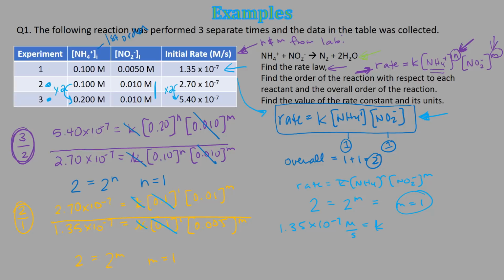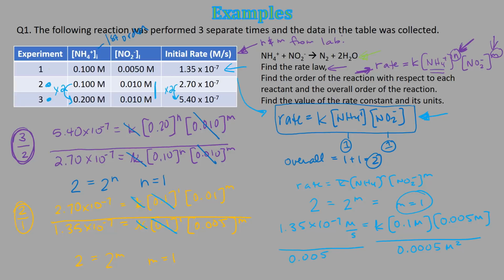K is what I'm looking for, and then NH4 is 0.1 molar, and nitrite is 0.005 molar. And so to find K, I'm going to divide both sides by the product of these two, and the product of these two is 0.0005, and we've got molarity squared.